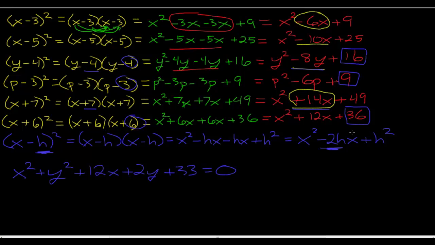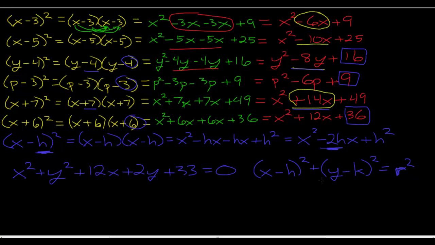Well, if we remember our formula for a circle, a generic formula for a circle is x minus h quantity squared plus y minus k quantity squared equals r squared. That's an r, sorry.